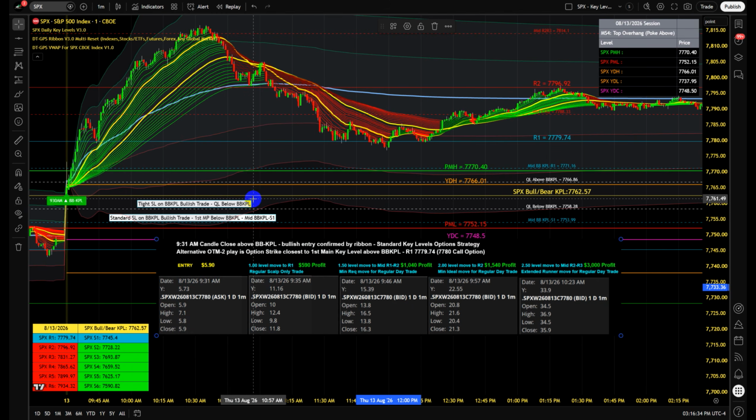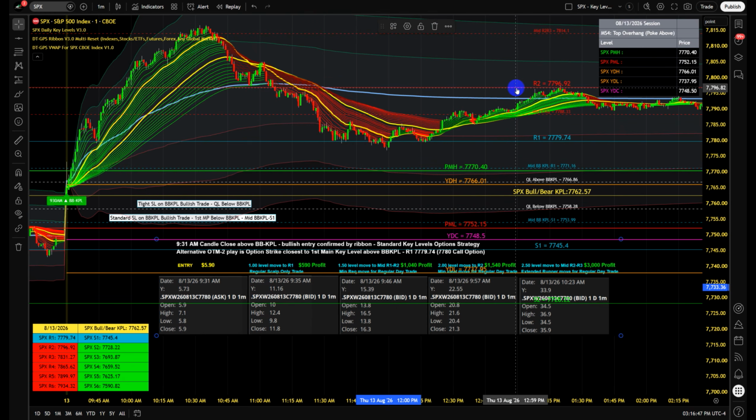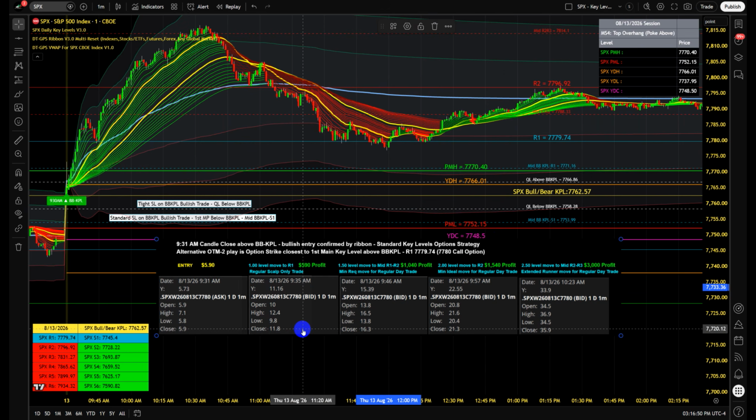Everything is the same as we pointed out earlier. Everything is the same as far as the stop loss used as the initial entry stop loss. Everything is the same as the targets, just simply changing the strike. 1 level move to R1 at 9:35 a.m., $11.80 is the bid, $590 profit per option. 9:46, 1.5 level move to mid R1, R2, $16.30 is the bid, $1,040 profit per option. 2 level ideal move to R2, $1,540 profit per option.